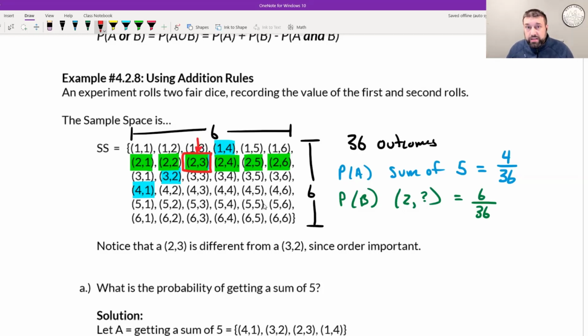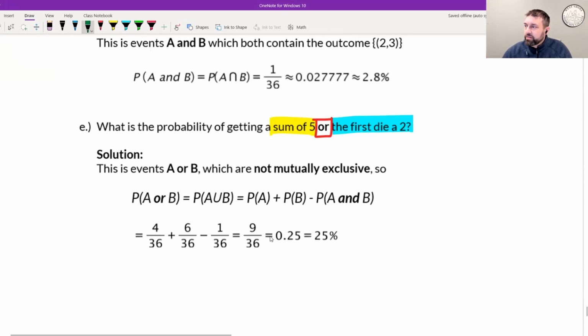So if we OR these, what was the probability that we had a sum of 5? That probability was 4 out of 36. Plus, what's the probability that the first die is a 2? That was 6 out of 36. Minus the overlap. How many items were in both? 1 item was in both. 1 out of 36.